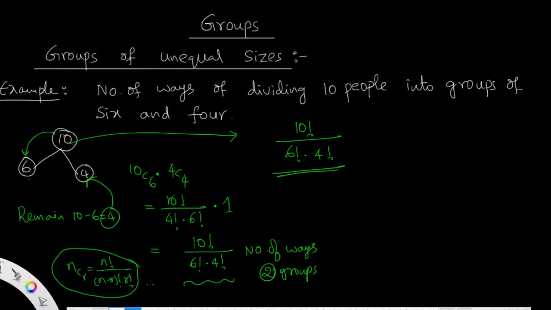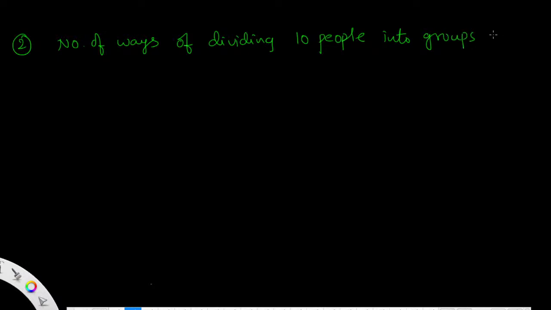Let us take the second example, example 2: number of ways of dividing 10 people into groups of 5, 3 and 2.